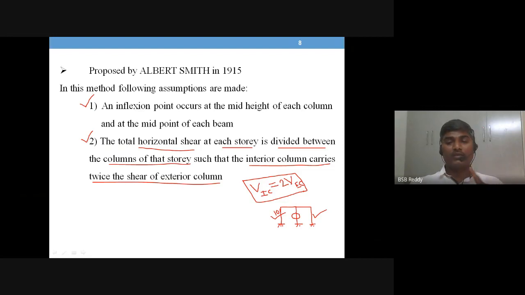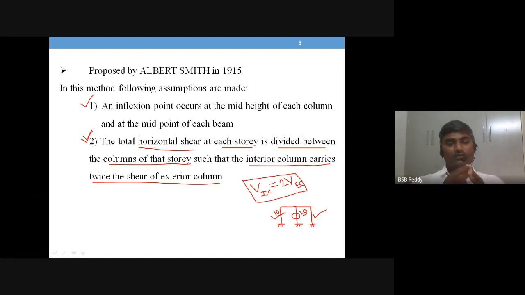So what will be the shear in the interior column? 20. This is the assumption. If the exterior column shear value is 10, the interior column shear will be 2 times 10, which is 20.